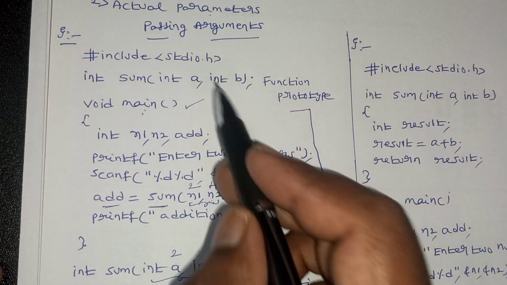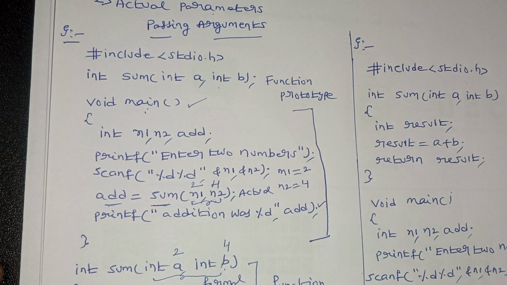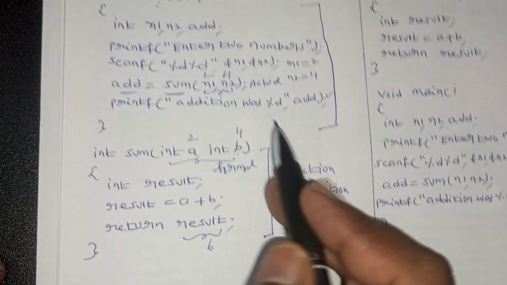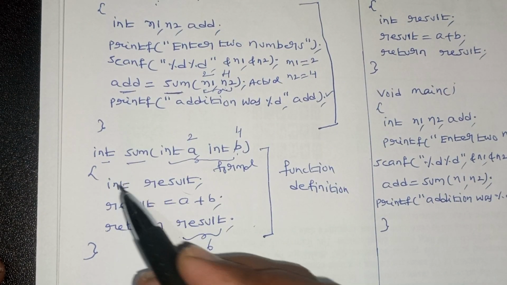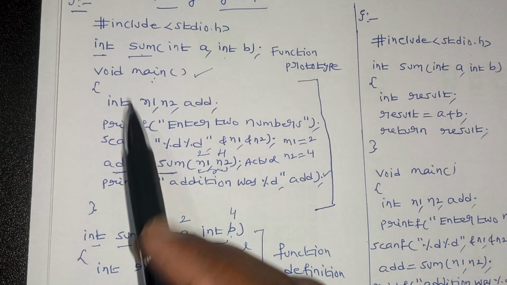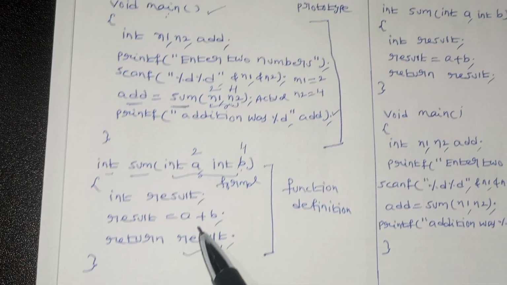And one more thing, how many arguments am I having? You have to make sure sum is an integer. Sum is an integer. Both must be the same. If you write float here and int here, that is not valid.